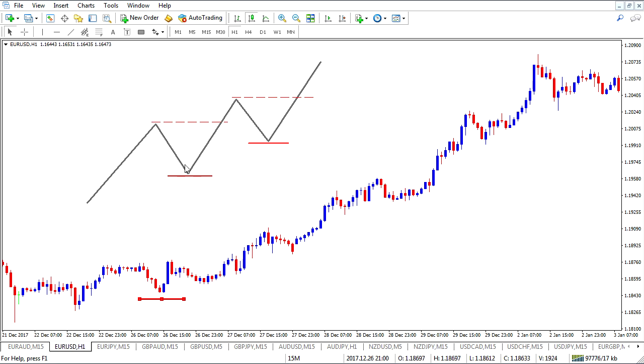If we're looking at this diagram here, the market moves up, makes a high, comes back down, makes a low, and then moves back up. And once we get a couple of pips, 1, 2, 3, 4, 5 pips above that previous area of resistance, that previous high, once the price gets just above that level, we will move our stop loss from where it was initially to that new swing low.